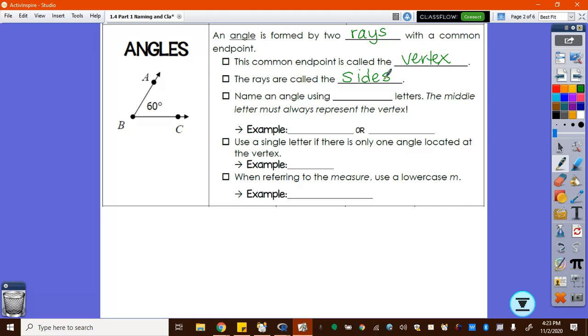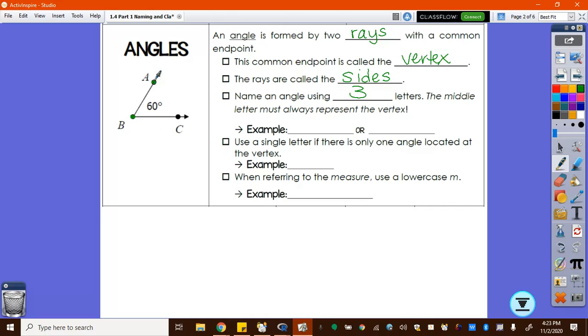So we name angles using three letters. The middle letter should always be the vertex. If we look over here at this angle, let's name it. If I'm naming it with three letters, my vertex is B, so I want to name it with that as my middle letter.